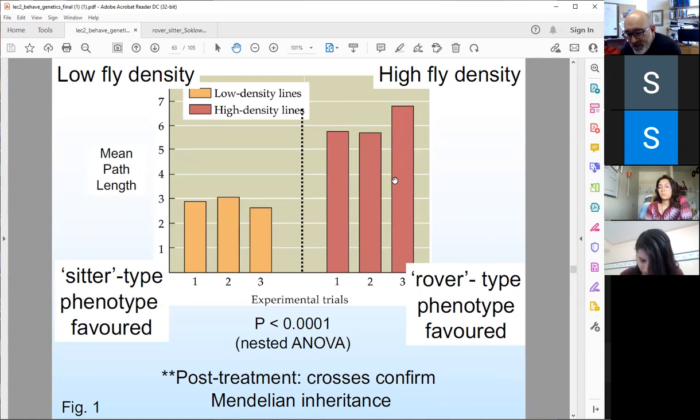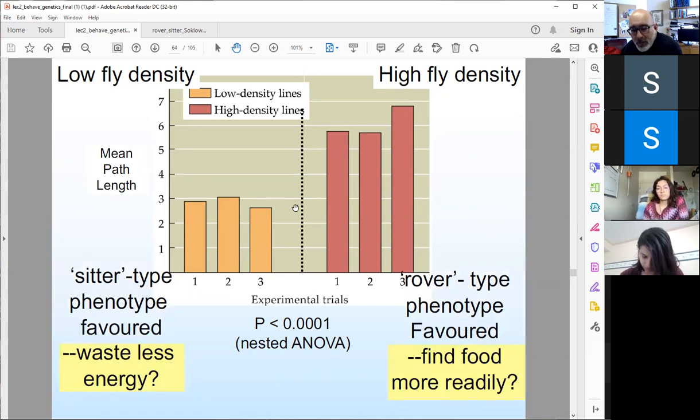So there is an adaptive value to these different behaviors depending on the density of the population, right? High density seems to favor the rover type, low density seems to favor the sitter type. So again, these are the explanations. Perhaps the rover type is favored in the high density situations because they can find food more readily.